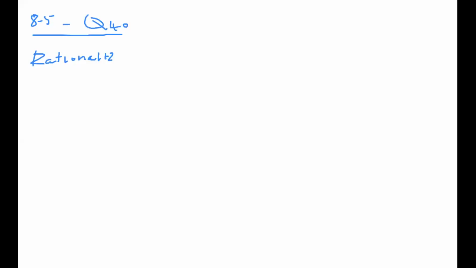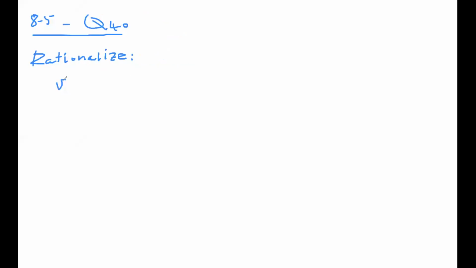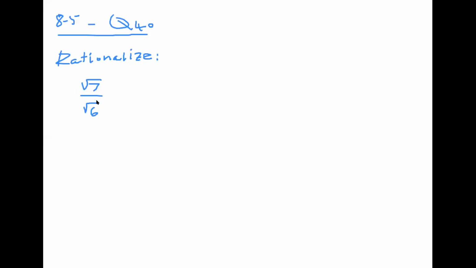I want to rationalize this fraction: radical 7 over radical 6. Again, it's important to understand the question, especially if it has a keyword. The keyword here is rationalize. Again, it means getting rid of the radical from the denominator.